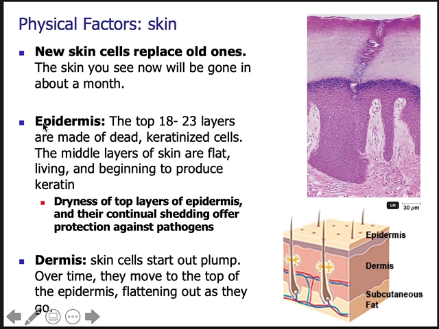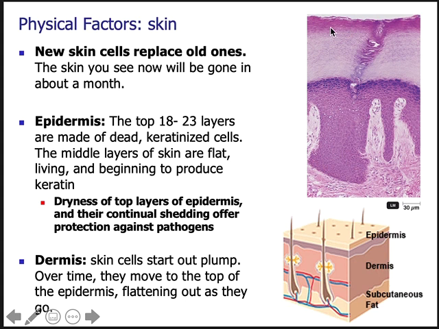Epidermis, the top 18 to 23 layers. So look up here, this dark region. The top 18 to 23 layers are made of dead keratinized cells. As these cells travel upward, they start to produce keratin, which is a water resistant substance.